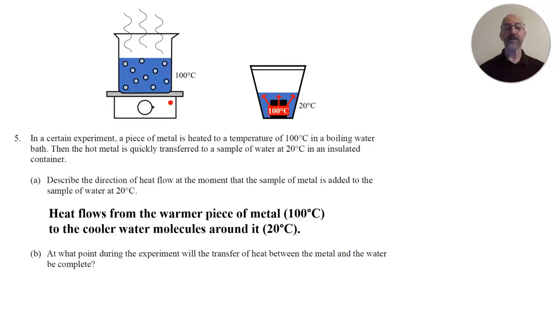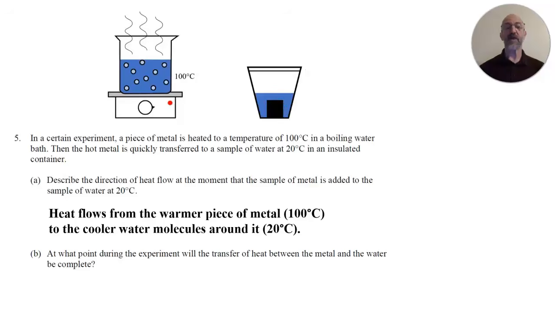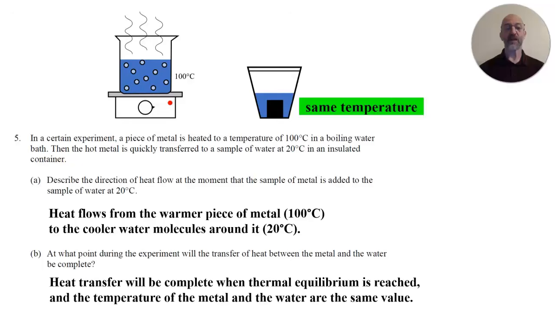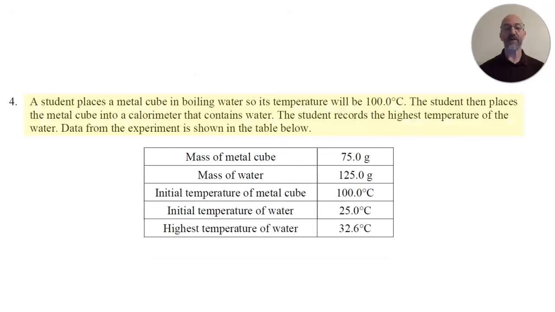And then at some point during the experiment, the transfer of heat between the metal and the water would be complete when thermal equilibrium is reached and the two substances are at the same temperature. So heat transfer will be complete when thermal equilibrium is reached and the temperature of the metal and the water are the same value.